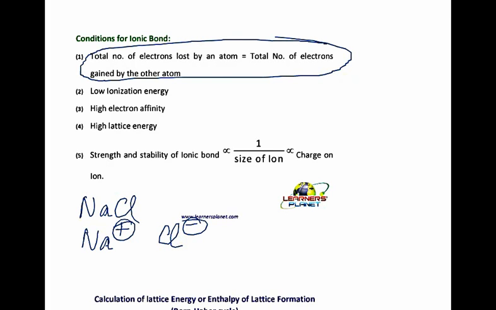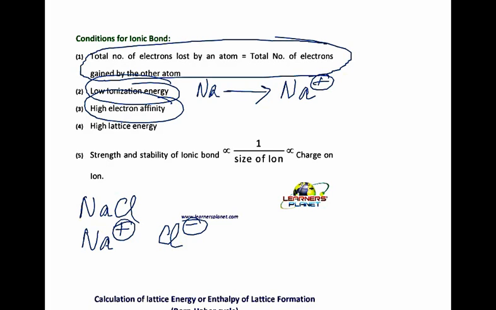Also, there should be a low ionization energy in the case of the metal atom, in this case sodium. Low ionization energy means it should easily form the ion Na+. There should also be a high electron affinity in the case of the non-metal, in this case chlorine. That means it should readily form Cl-.